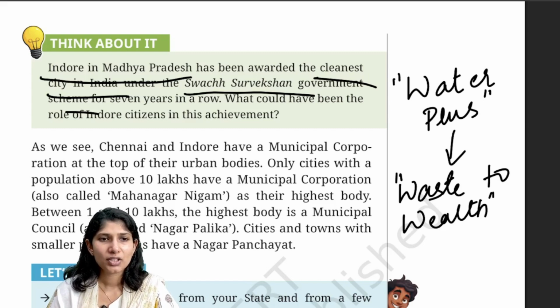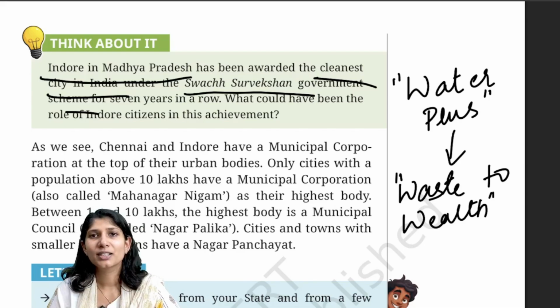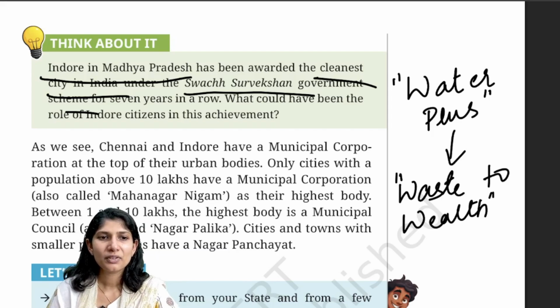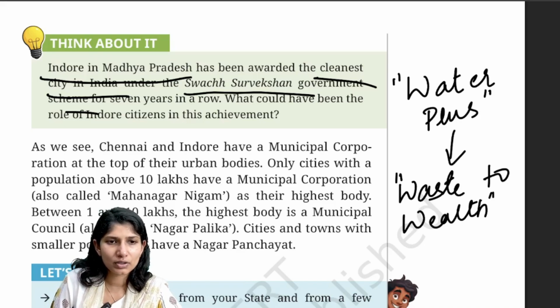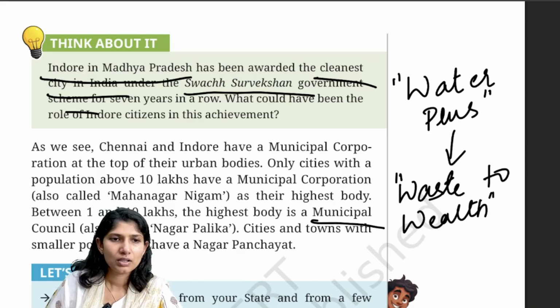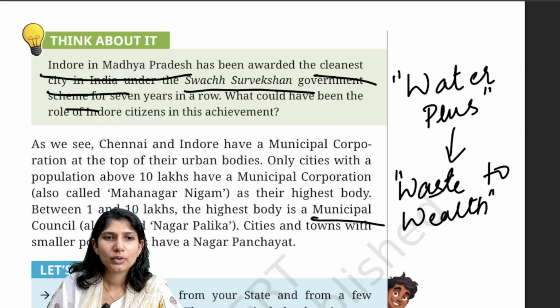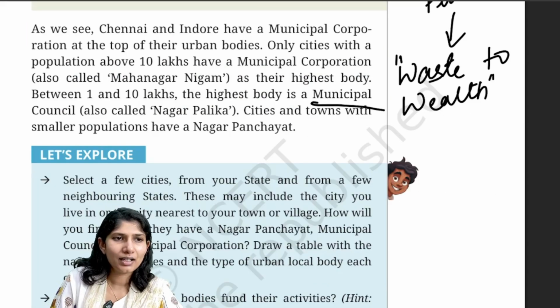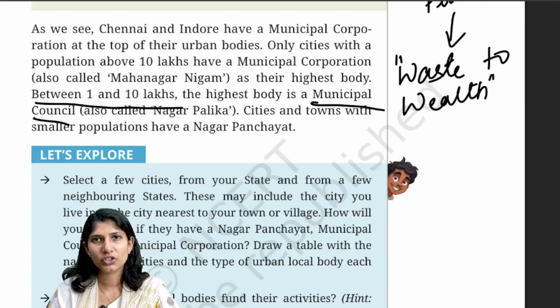Okay, next, another thing is we saw Chennai being a municipal corporation, and we saw Indore also being a municipal corporation. I also told you in the starting, when you say municipal council, you are going to call it an area which has somewhere between 1 to 10 lakh population.